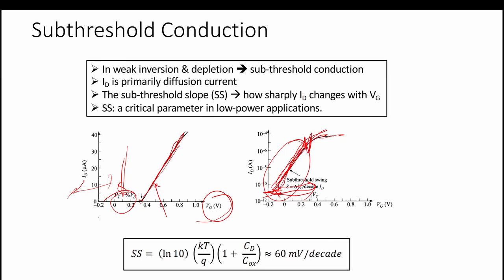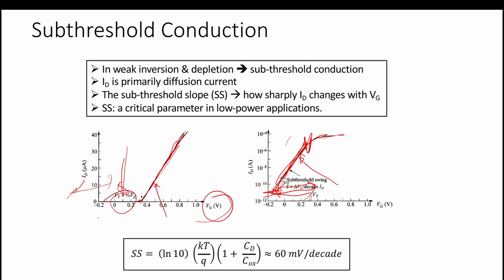If this is more steep, we call it the subthreshold swing. If it is steeper, to turn on the transistor it takes very little voltage. This is why it is very important.